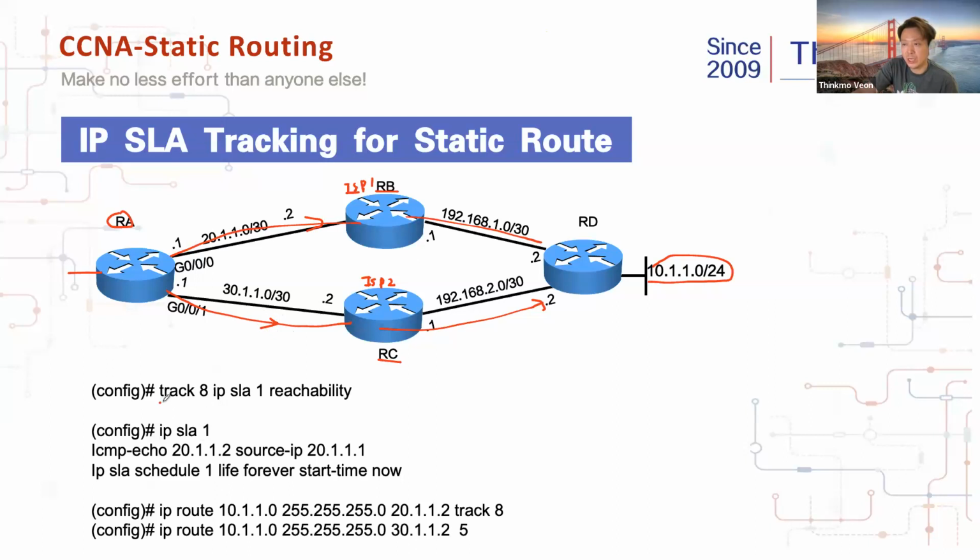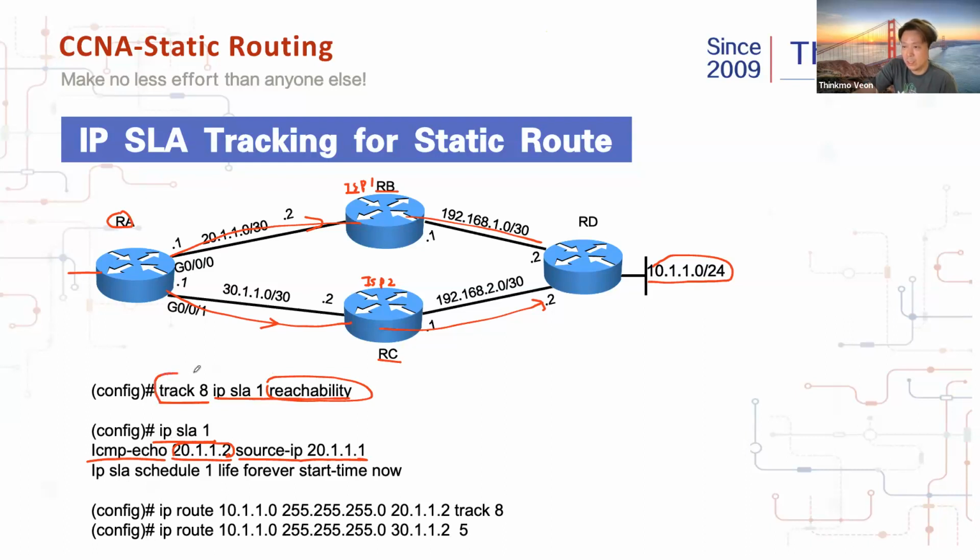So here we have this track configured here to check IP SLA 1 as a reachability check. In IP SLA 1, we configure the ICMP echo. ICMP means ping, echo means the other side 20.1.1.2 has to echo reply me, right? So I will use my source IP 20.1.1.1 to ping this IP as a reachability check here. If the reachability fails, we will trigger this route change.